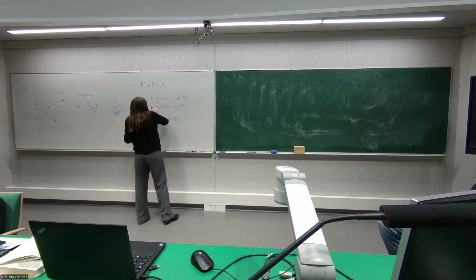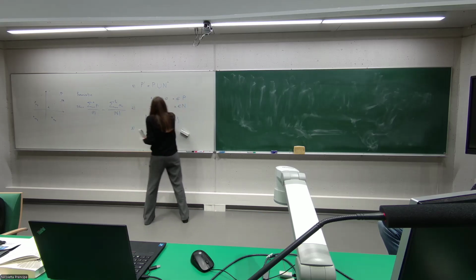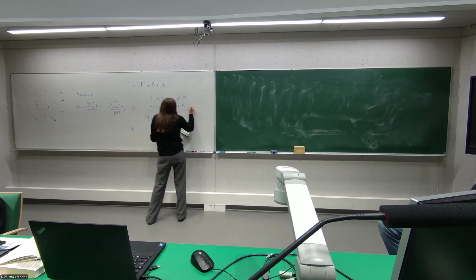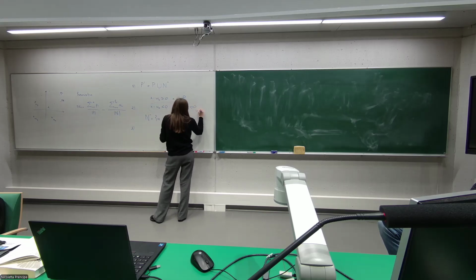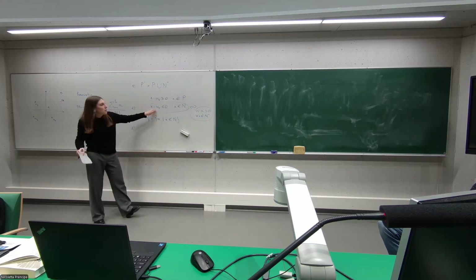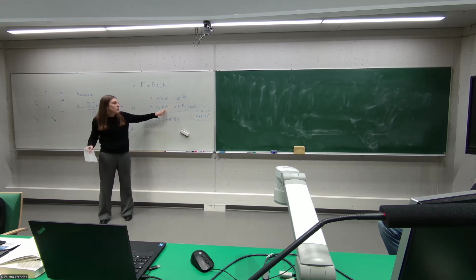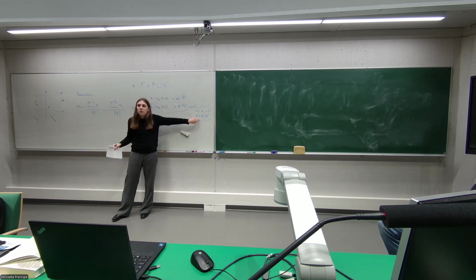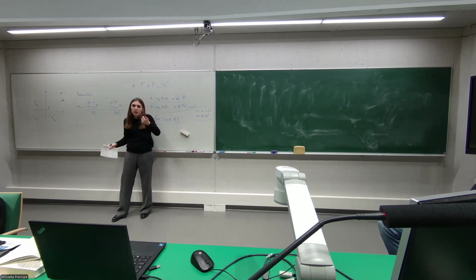Yes, let's do that. This property is equivalent to saying that W times x is greater than 0 for all x belonging to N. So if the x belonging to N satisfy this property, the x belonging to minus N should satisfy the opposite, because they have just a negation.